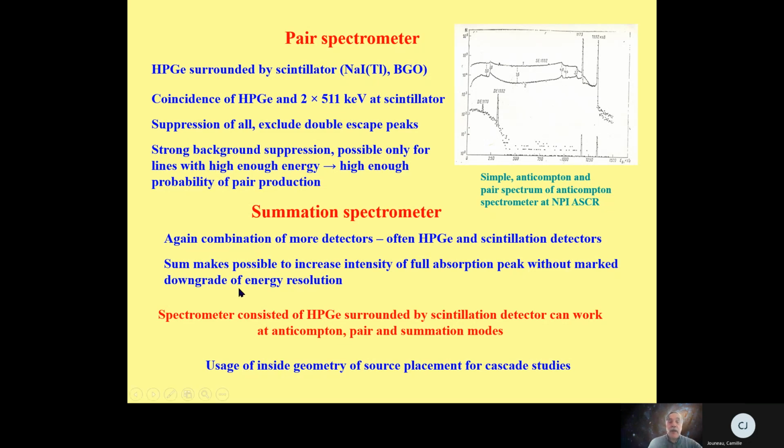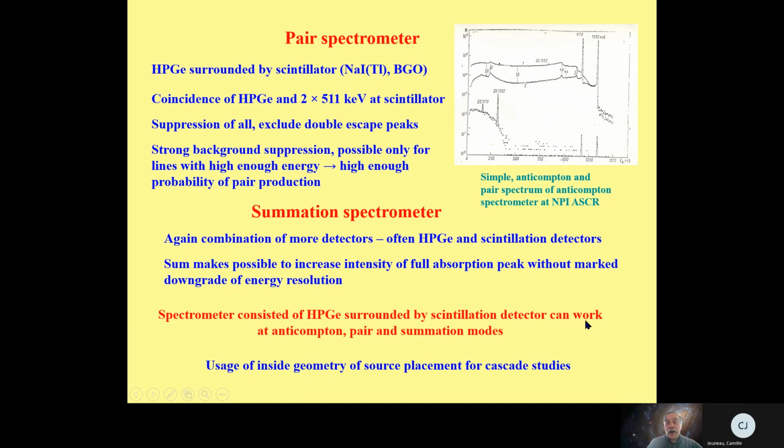That means you obtain this full absorption peak without marked downgrade of energy resolution, but with very nice efficiency. Okay, that means it's possible to have a spectrometer which consists of this semiconductor detector, this high purity germanium detector, surrounded by a scintillation detector.